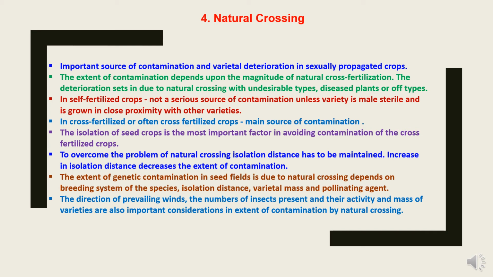The direction of prevailing wind, the number of insects present like honeybee activity and mass of varieties are also important considerations in the extent of contamination by natural crossing.